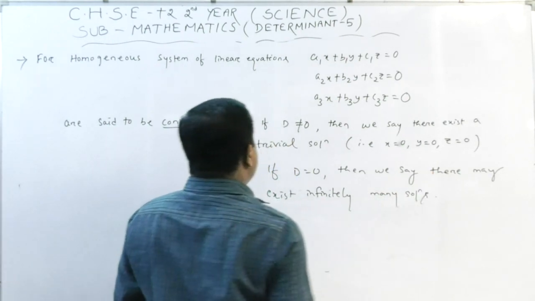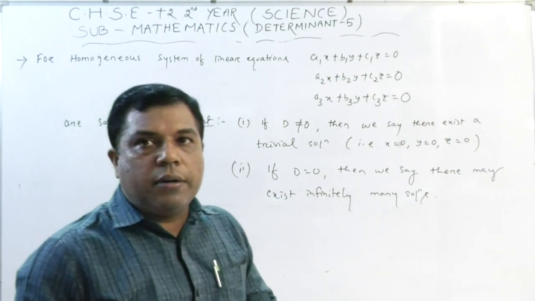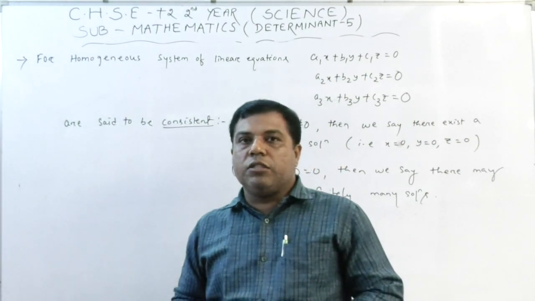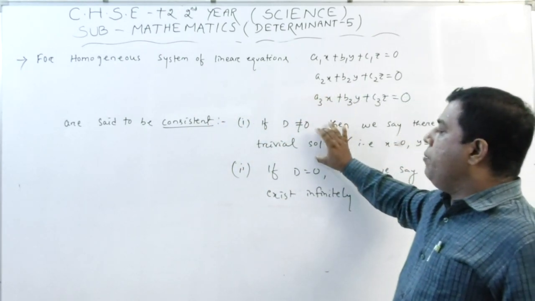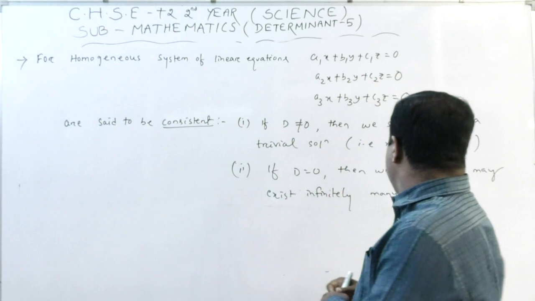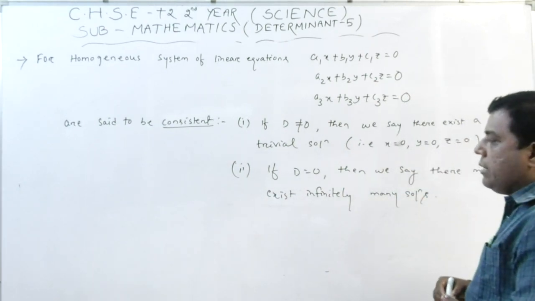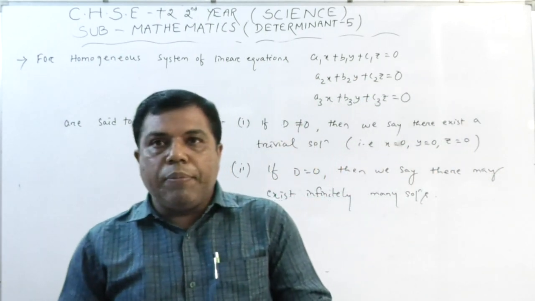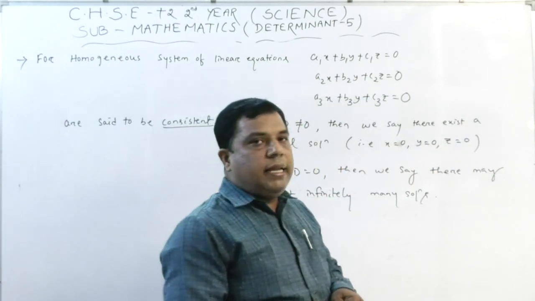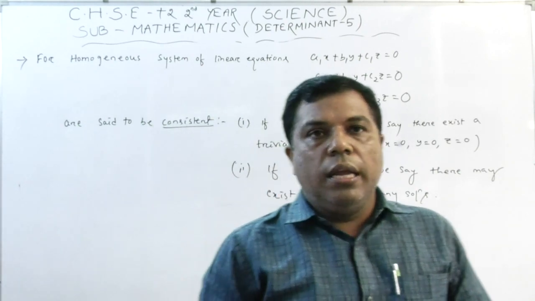Okay, dear students, and in both cases it is not inconsistent in nature. Either it is consistent trivially or non-trivially, means many solutions are there, non-trivial solutions are existing.